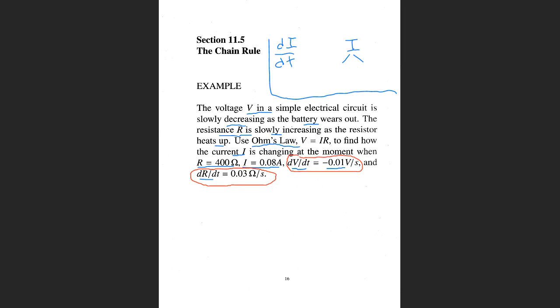Based on Ohm's law, V equals I times R, so I is equal to V over R. Current is a function of the voltage and the resistance.